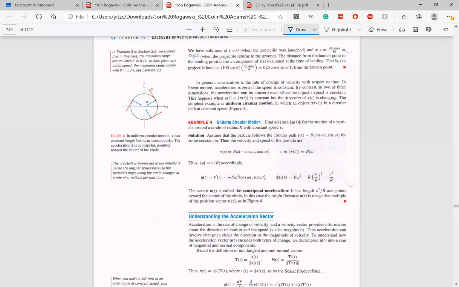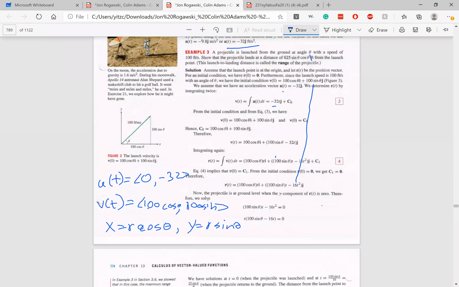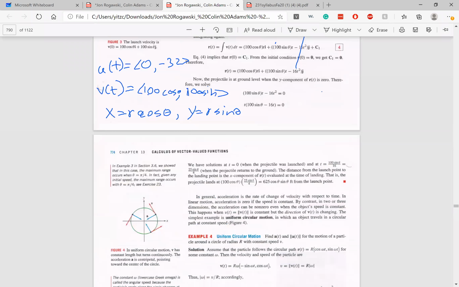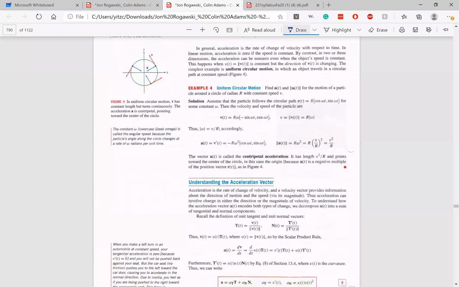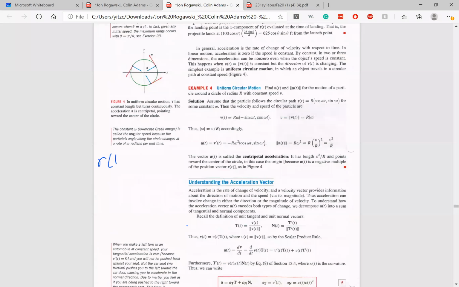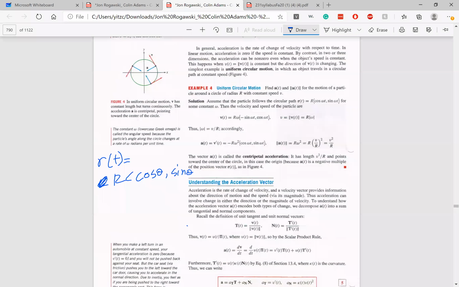So our r of t, a good equation for a circle is always going to have some radius r, because that's this radius, and then you're going to have cosine of the angle and sine of the angle.